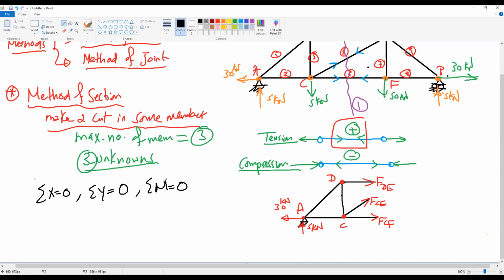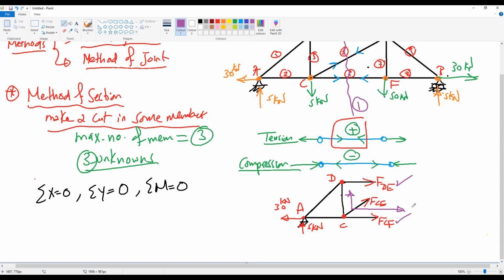Okay, so to apply these equations, we need all the loads to be horizontal and vertical. So we have FDE no problem, FCF no problem, but FCE is an inclined or diagonal member. So we need to get the two components, vertical component and horizontal component, of this one.